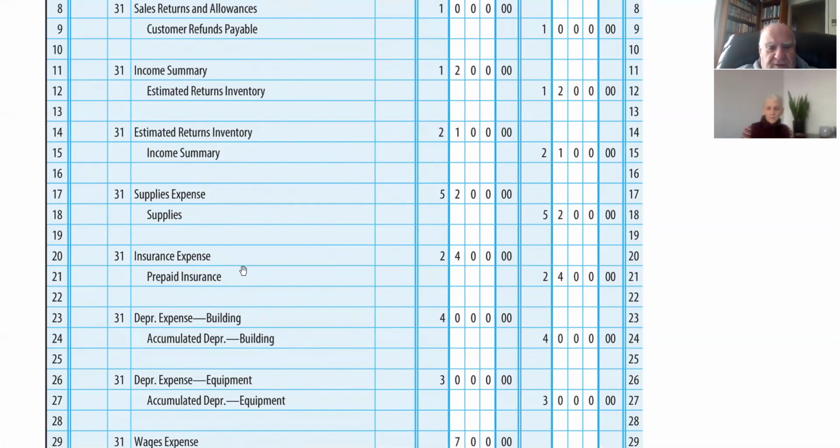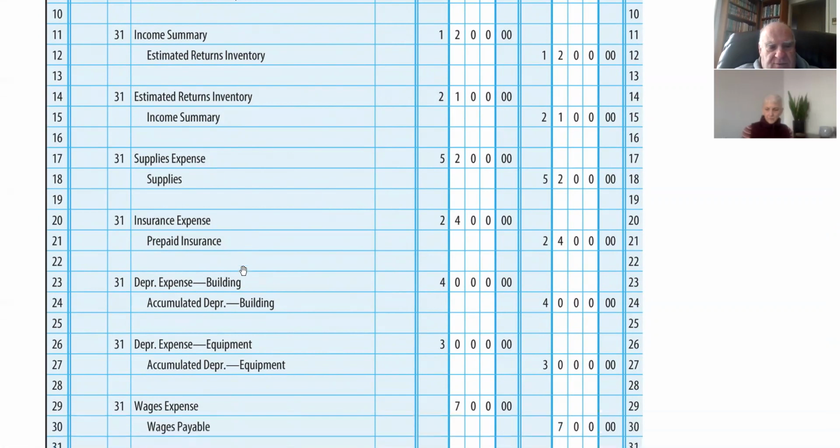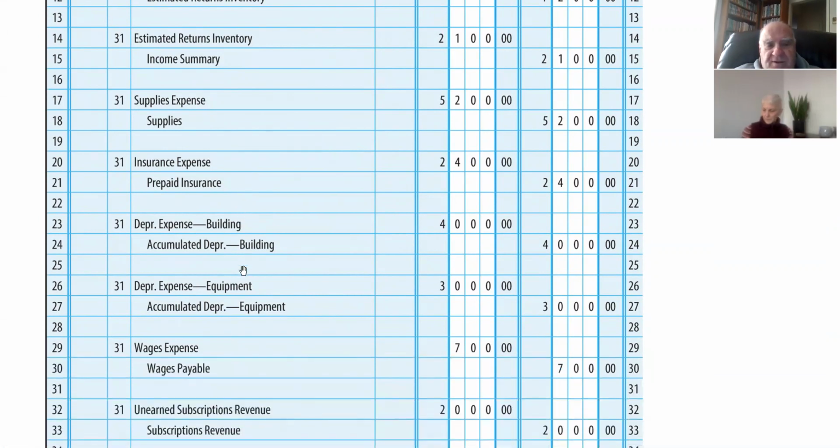Depreciation expense, that's kind of the easy one. You debit depreciation expense, and you credit accumulated depreciation, which is a contra asset account. And one trick question they like to put on the test is they'll say, we have the following entries.